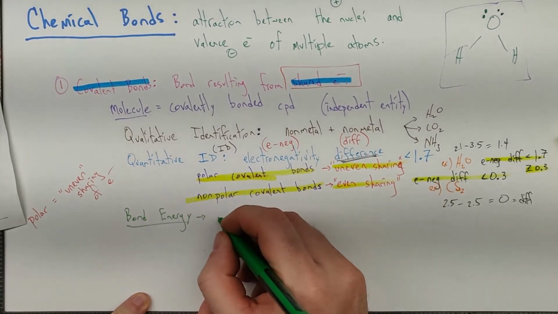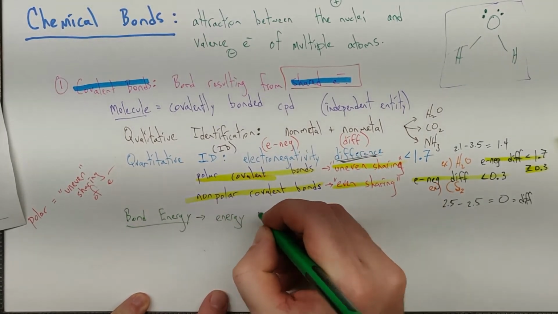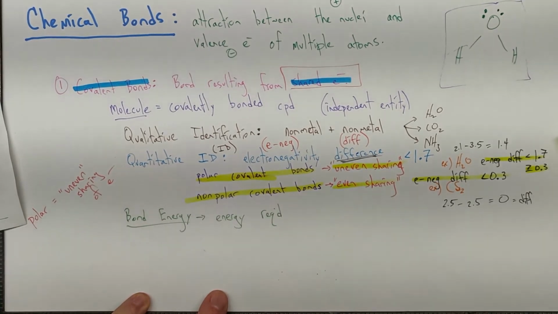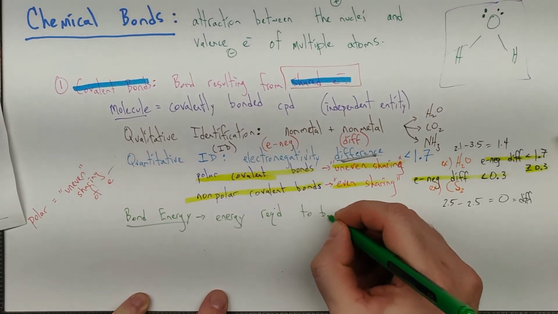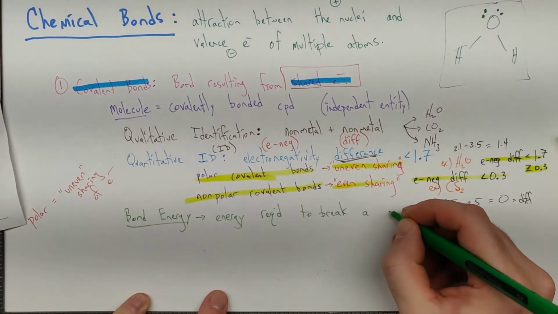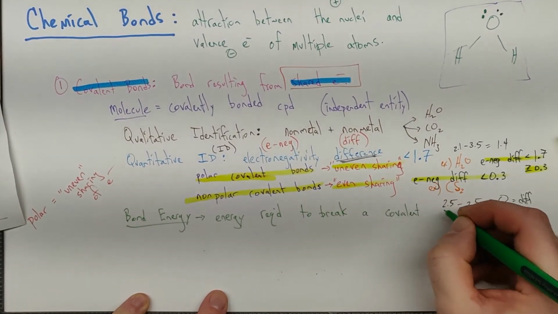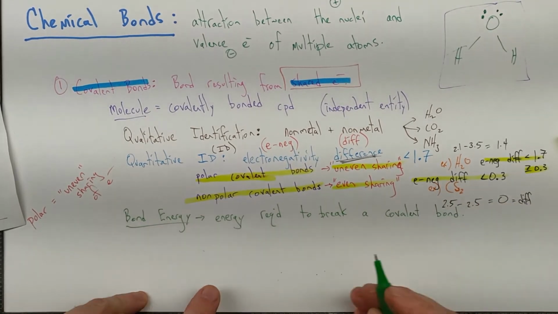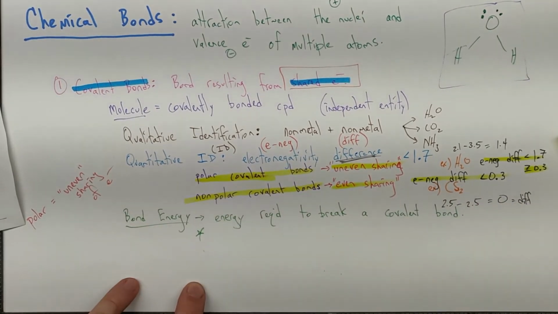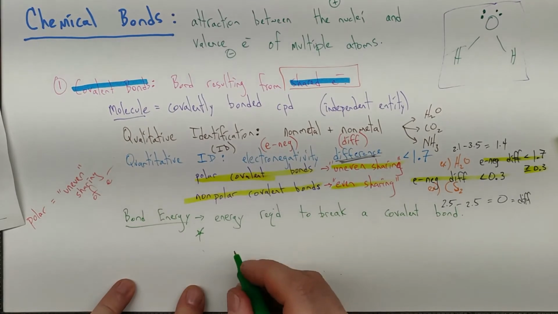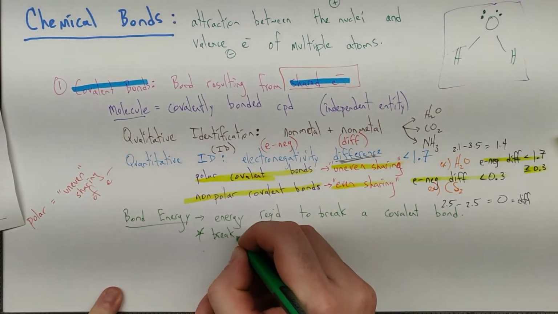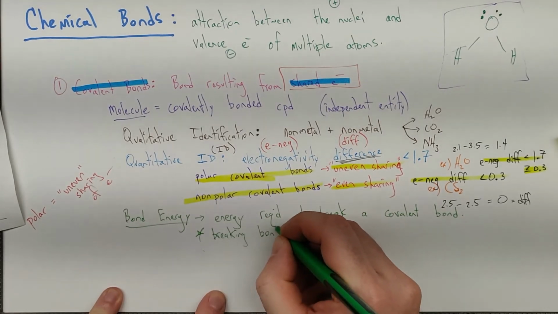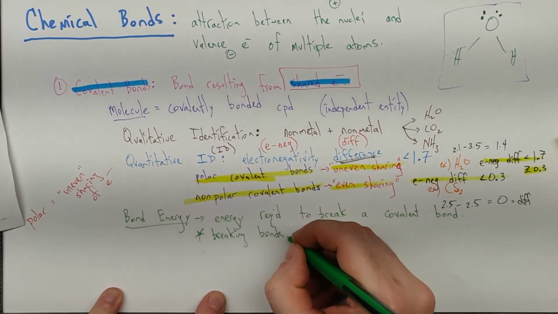Bond energy is energy required. And in this case, it's energy required to break a covalent bond. All right, and that brings up some rather important information that it would behoove you to remember, and that is that breaking bonds always requires energy, all right?